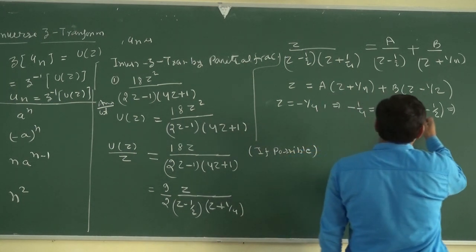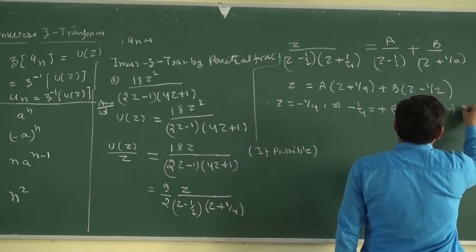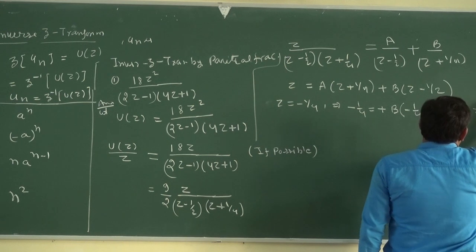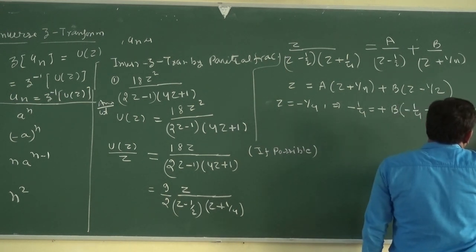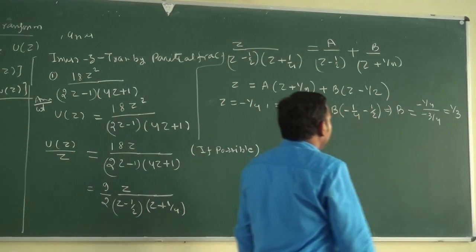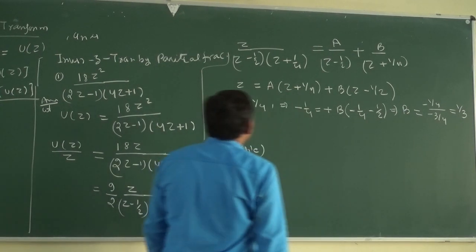So we can write b equal to minus 1 upon 4 divided by minus 3 upon 4, that is equal to 1 upon 3. So finally we get the value 1 upon 3.